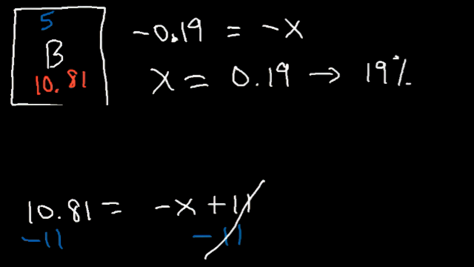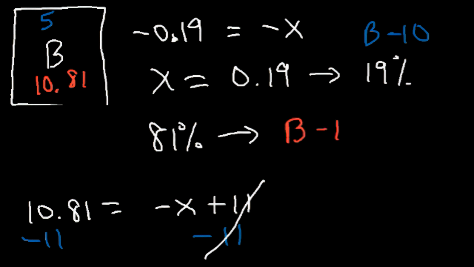Now, X was associated with the B10 isotope, so we have 19% of boron 10. 100 minus 19 is 81%, so that is the relative percent abundance of the other isotope, B11.